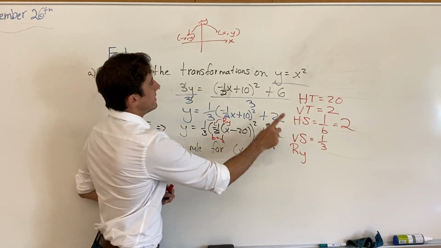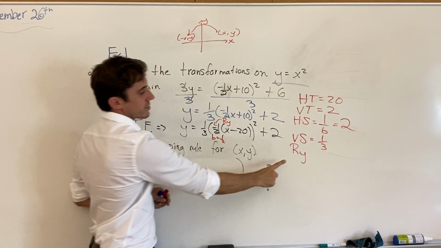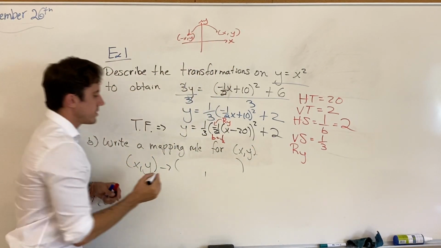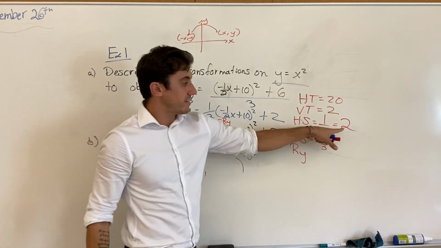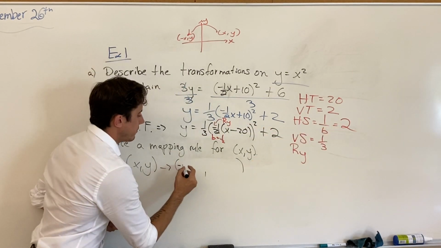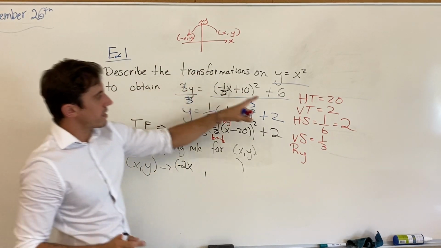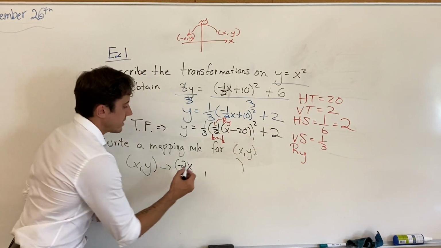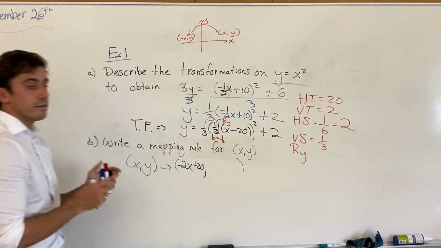So the x becomes reflected because we have a reflection in the y-axis, so that x coordinate becomes negative. So we can start with negative. Our horizontal stretch is 2, so we're going to have negative 2x, and then plus our horizontal translation being positive 20, and so negative 2x plus 20, okay?